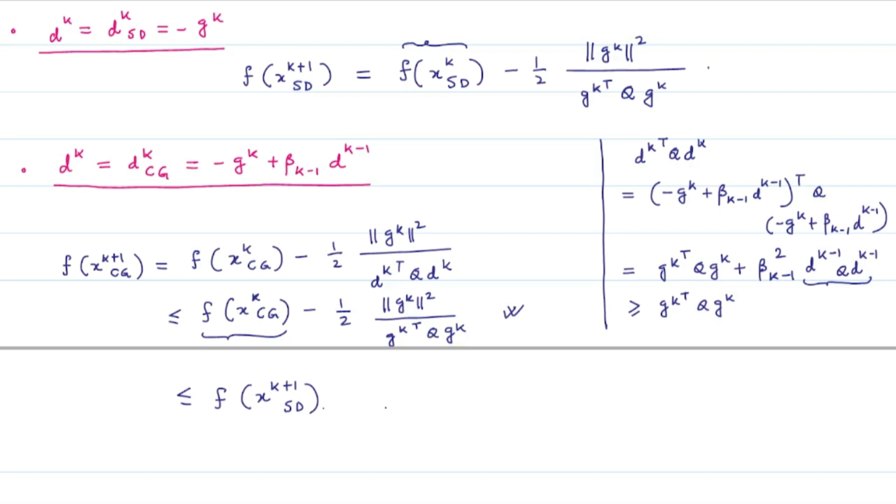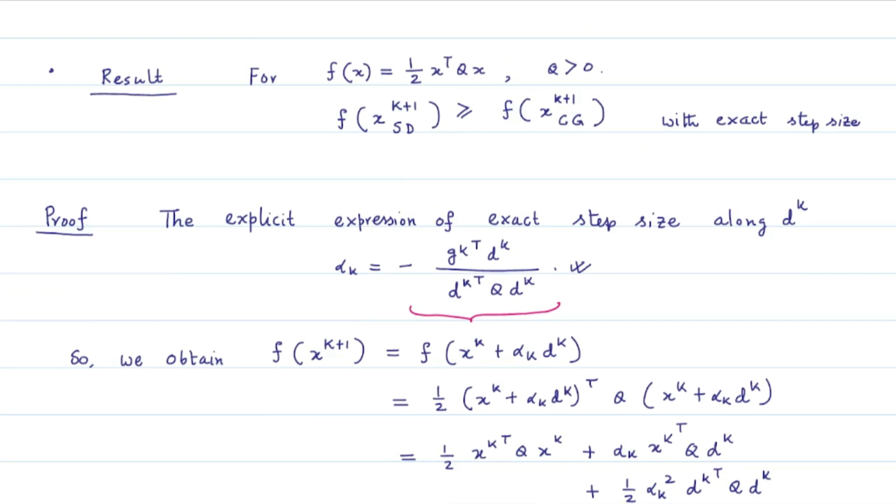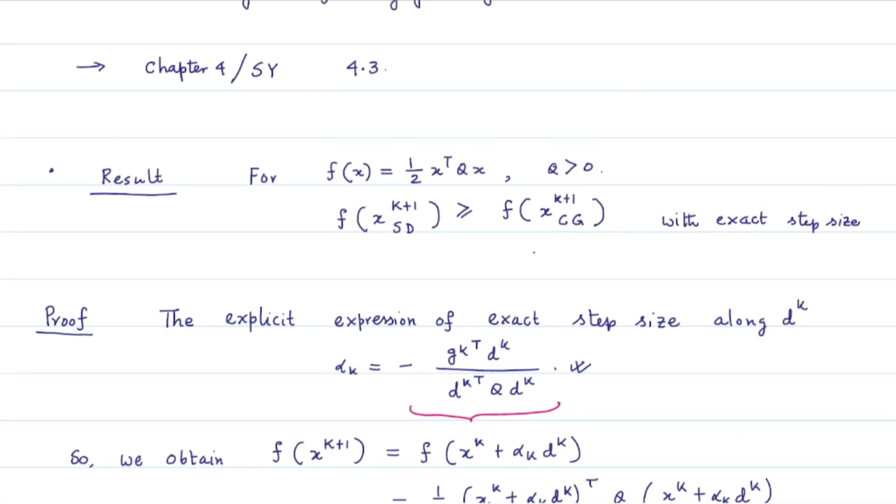This is exactly what we wanted to prove in this result, that the function value across the iterative points in the conjugate gradient method is less than or equal to the function value in the steepest descent method.